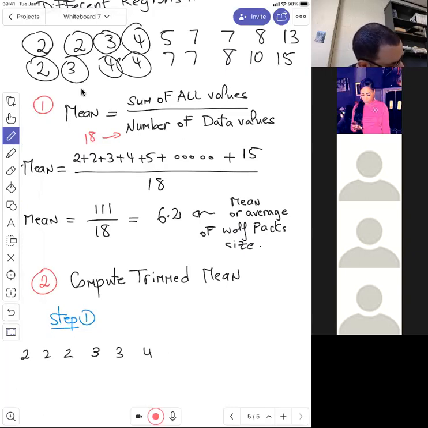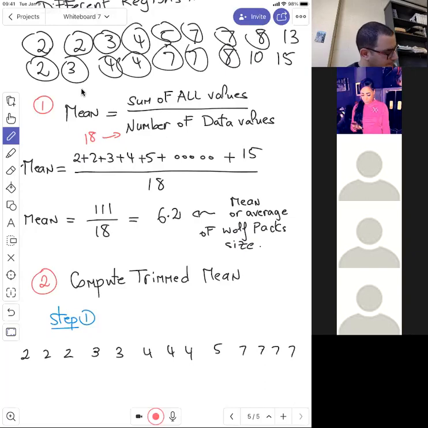So 4, 4, 4, just one 5, and then four 7s. There are two 8s, one 10, one 13, and one 15.